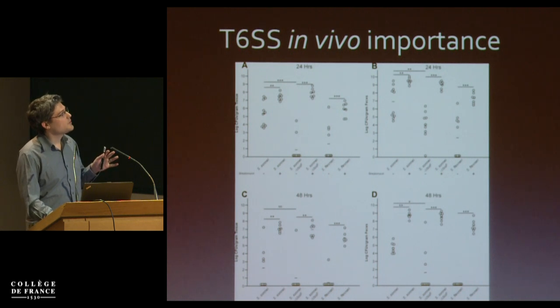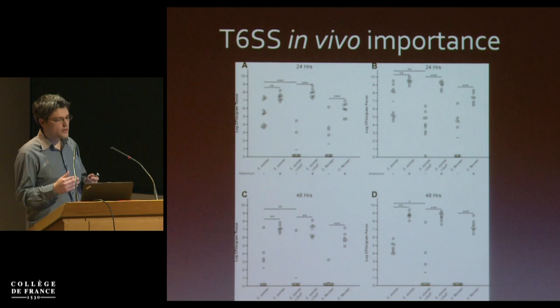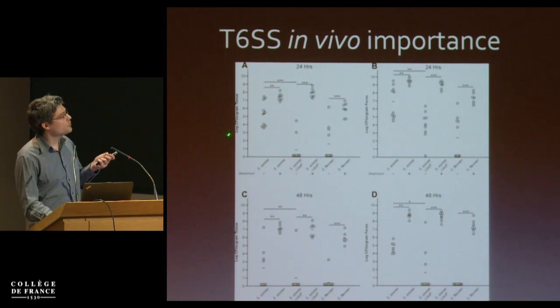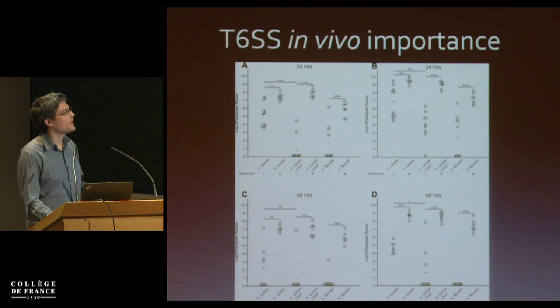All of these phenotypes were similar whether we looked at the tissue or the feces, and at 24 and 48 hours. It's the same trend in either case. Sonnei wild type always seems to do better than the type 6 mutant, and that usually can be removed by streptomycin treatment.